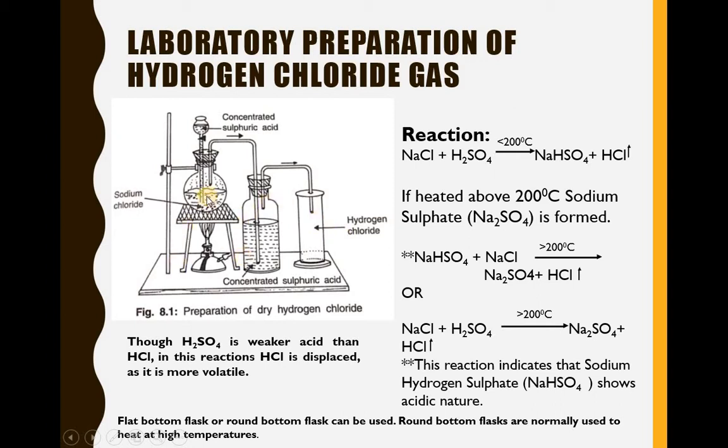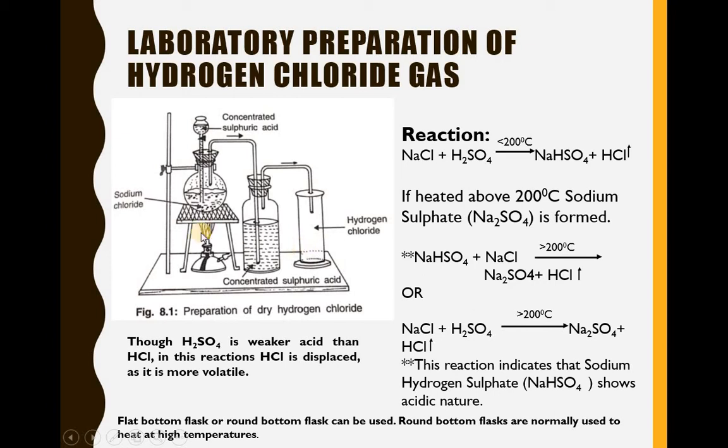This is the round bottom flask. This is the thistle funnel through which the concentrated sulfuric acid is given. Sodium chloride is here in the round bottom flask. Through this delivery tube, it is going into again a concentrated sulfuric acid, which is working as a drying agent, so that we can collect the hydrogen chloride in dry form.